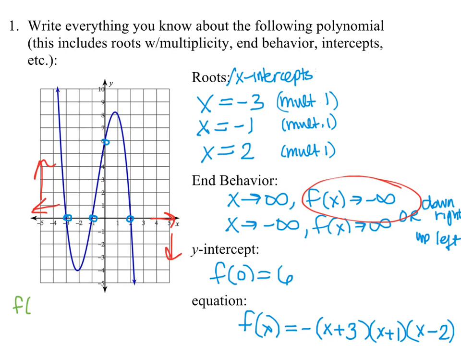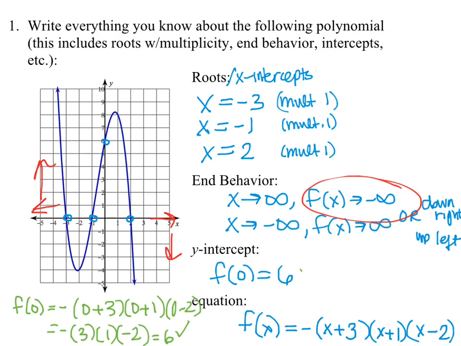Based on what I have right now, f of 0 is -(0 plus 3) times (0 plus 1) times (0 minus 2). If I simplify that, that's -3 times 1 times -2. Multiply it all out, it gives me a 6, which is the same as my y-intercept. So this is my equation.